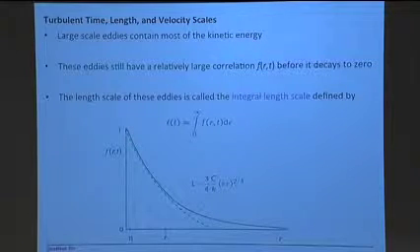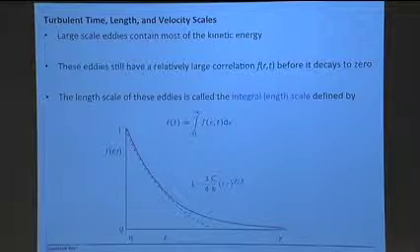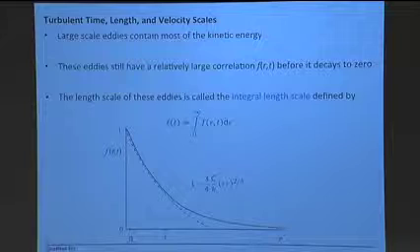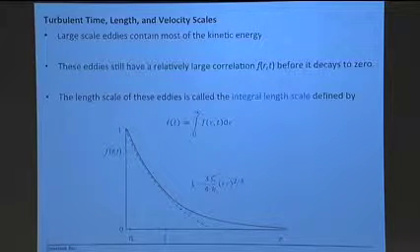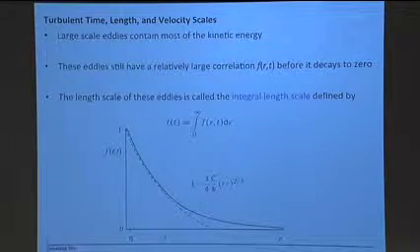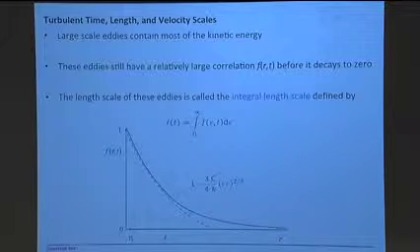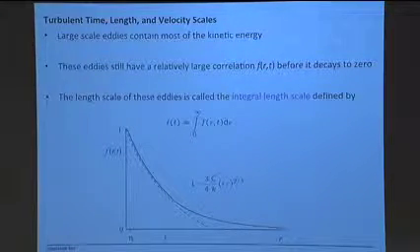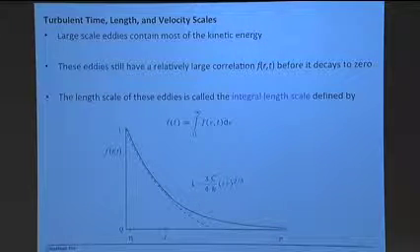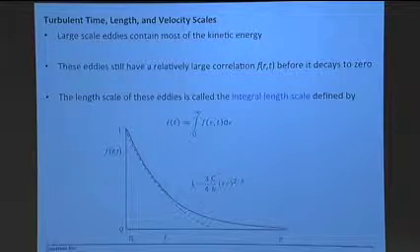Okay, so now I can go back to my length scales here, and that's shown here. So f is this normalized two-point correlation, and the integral over this f function has units of a length scale, so that should be the large correlation length scale, and we call this the integral length scale. And again, it turns out that is the length scale where the turbulence has most of its kinetic energy.